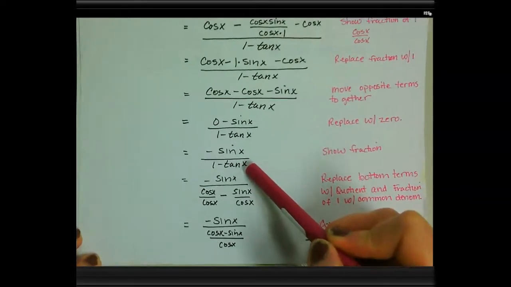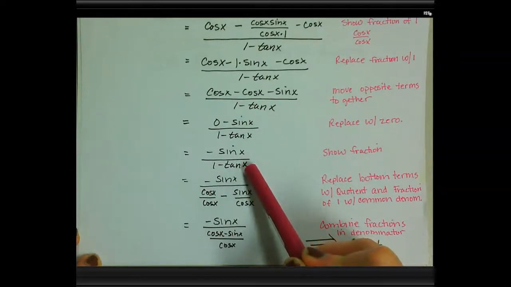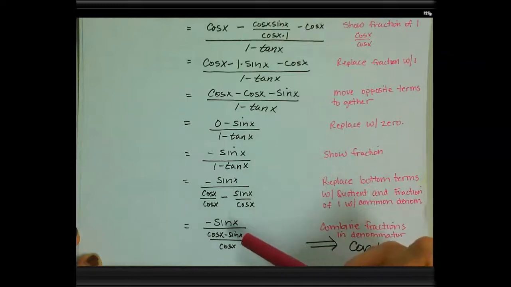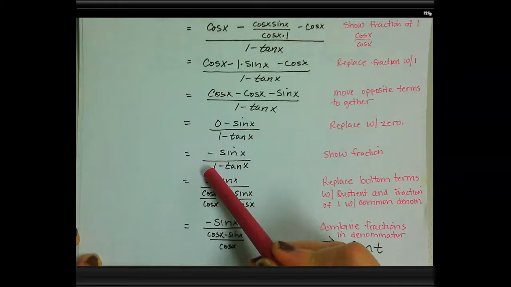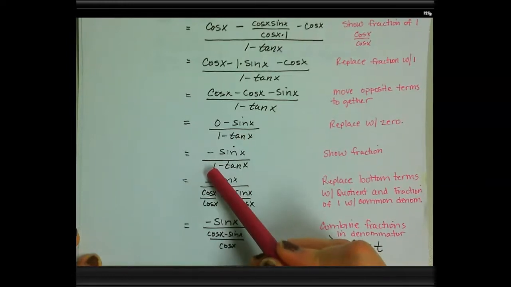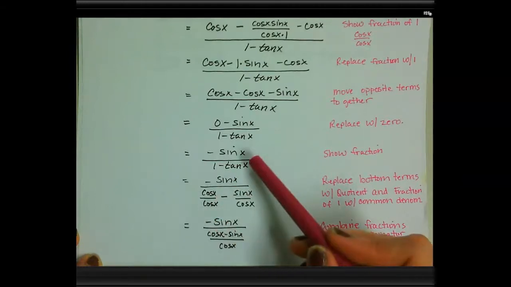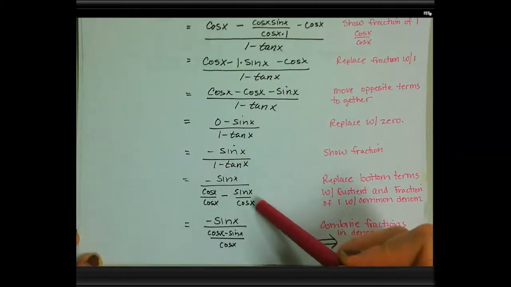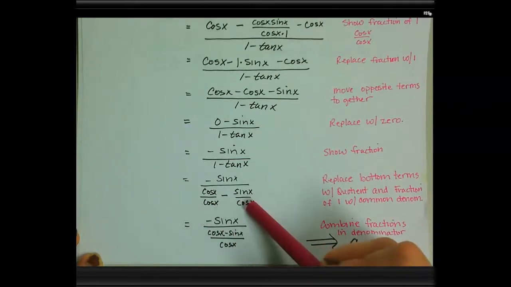I need to get this together as a single fraction, so I need to do something with the bottom. So the way I'm going to put that together is I'm going to make them a fraction so that I can combine them. So I'm going to rewrite the 1 as a fraction that equals 1. So, okay, going to be something over itself. Since tangent is sine over cosine, then the 1 is going to be cosine x over cosine x, because I want these to be able to combine together easily.